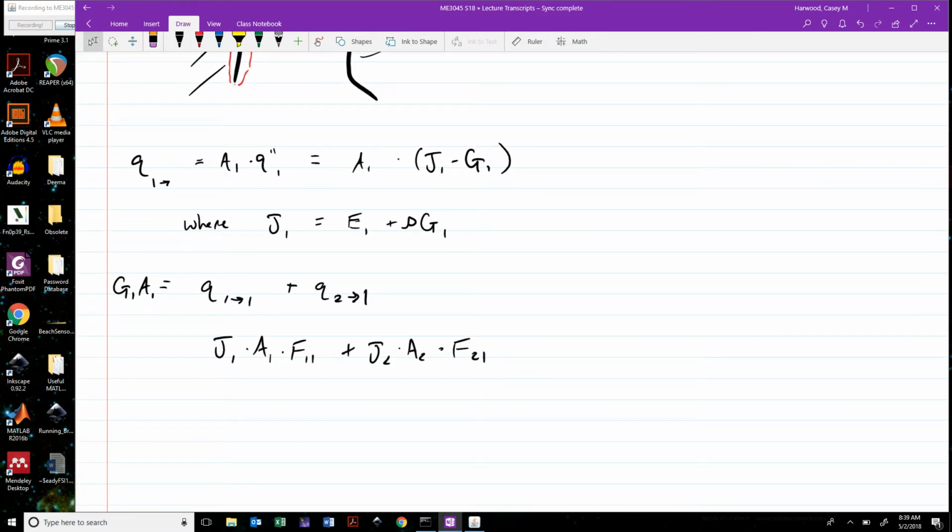And then we'd have to go and plug in values for J again. We'd say that this expands out into epsilon 1 times the black body radiation of 1 plus the reflected irradiation of 1, plus epsilon 2, 2.